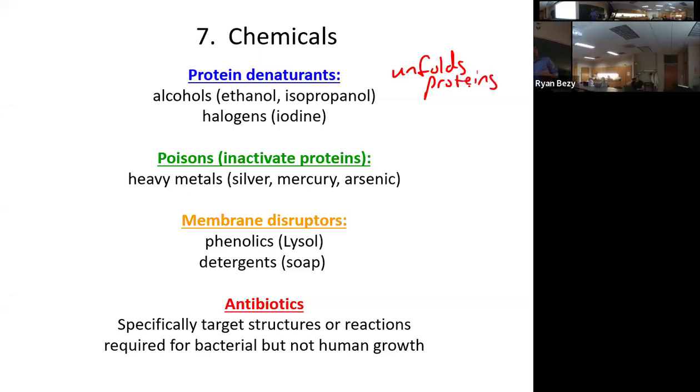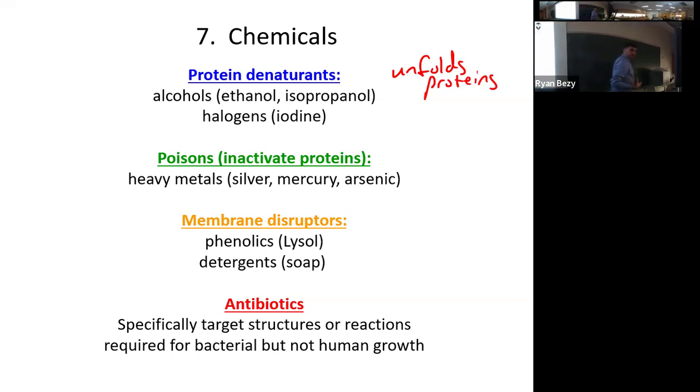So protein denaturants are things that unfold proteins. Alcohols like ethanol or isopropanol, which is rubbing alcohol. You might have even used rubbing alcohol to clean a cut before. Rubbing alcohol or hydrogen peroxide is commonly used to do that. But those are protein denaturants. They kill cells because at high concentrations, they cause their enzymes and proteins to unfold and the cell cannot function properly.